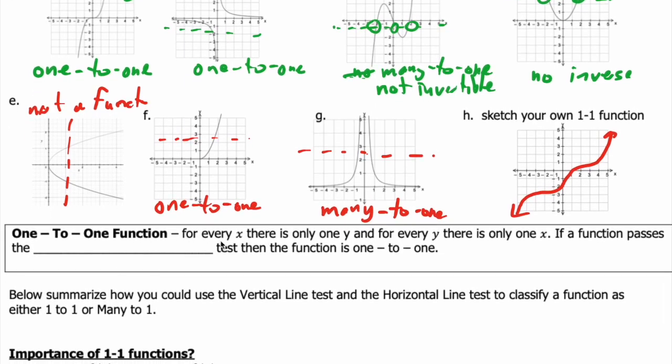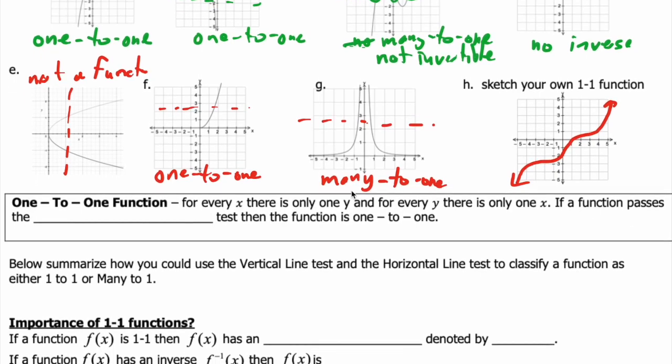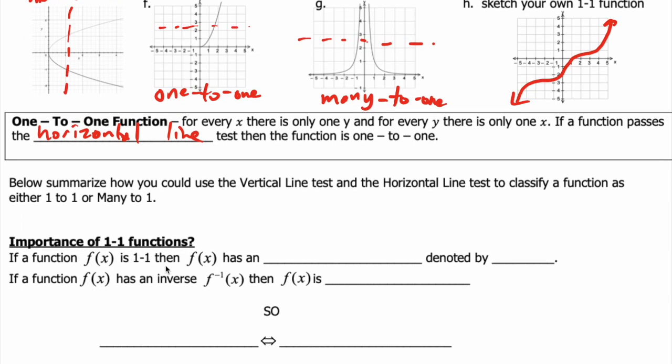For a one-to-one function, for every x there's only one y value, and for every y there's only one x. The function passes the horizontal line test. If a function is one to one, then it has an inverse function, denoted by this.